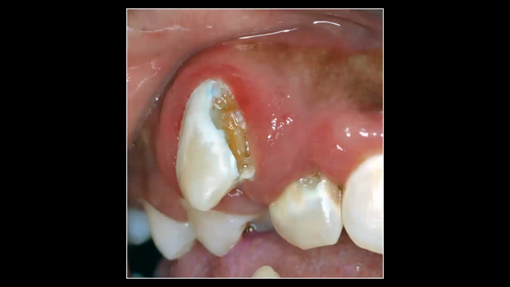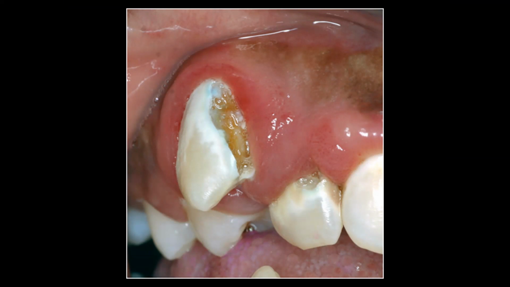Okay. So this is an example of areas of demineralization. You can see the white chalky. It's pretty broad. It's on the canine, but it's also on the lateral incisor at the cervical. The canine, you see that nice color underneath? It's telling you it's into the dentin.